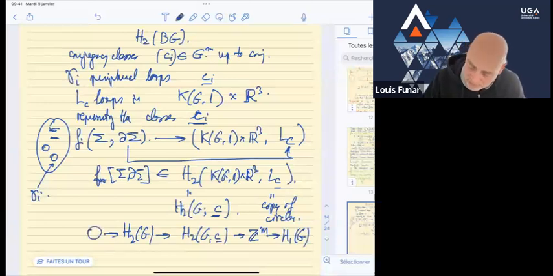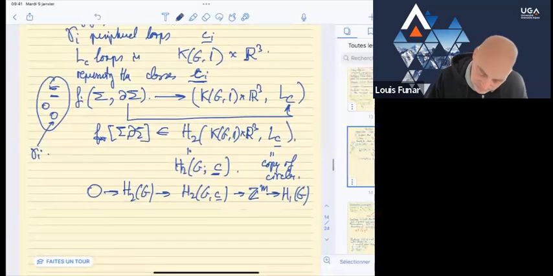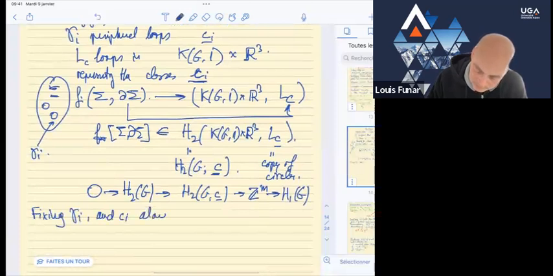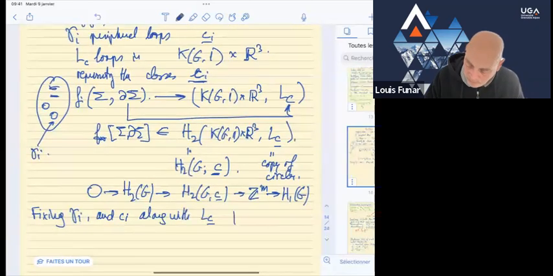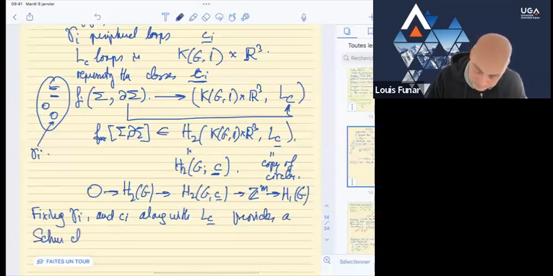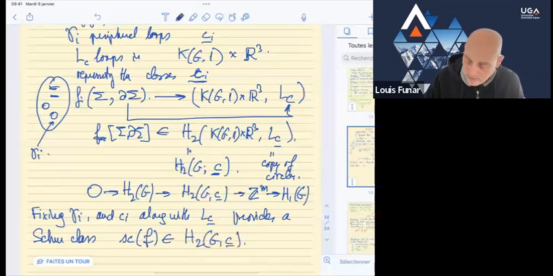So the obstruction, if I fix everything, fixing gamma_i and C_i along with L_C, provides a Schur class S_C of F, which belongs to this group H_2 of G,C.